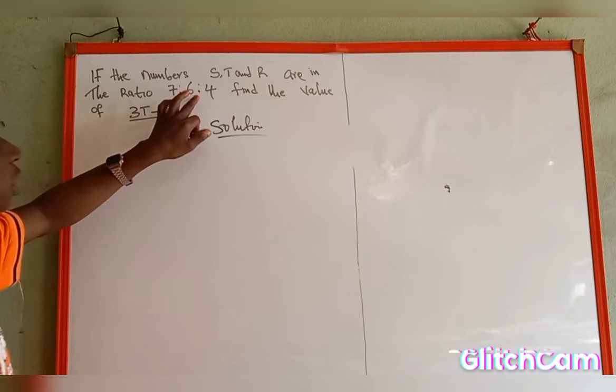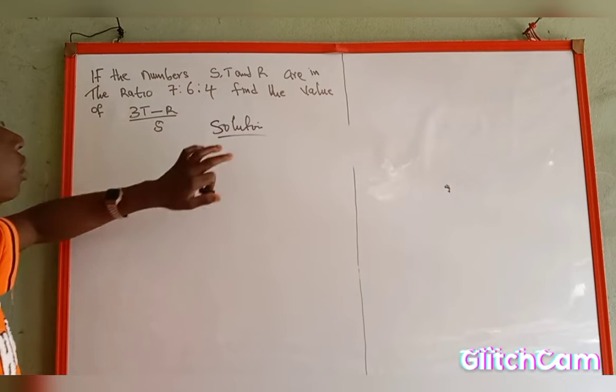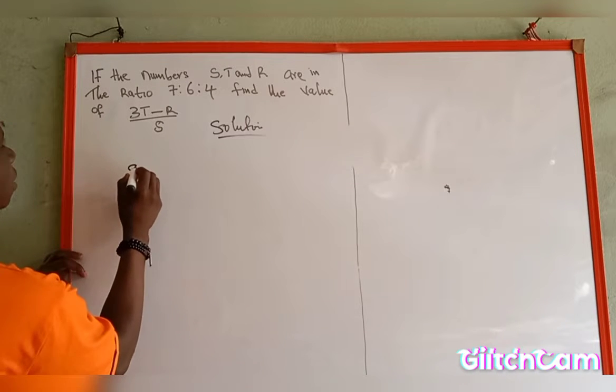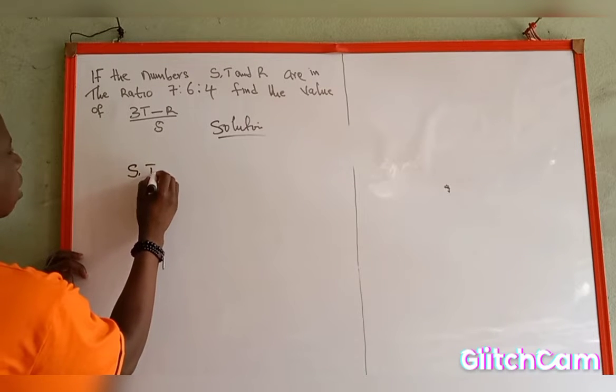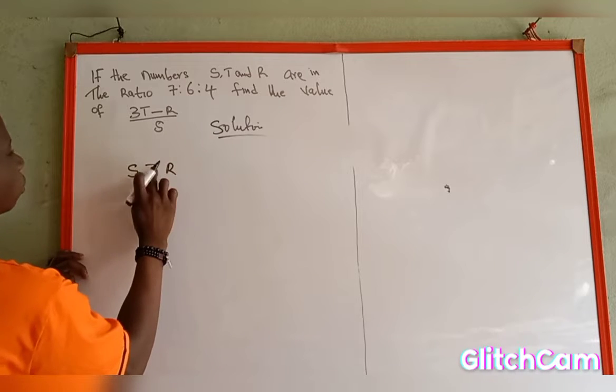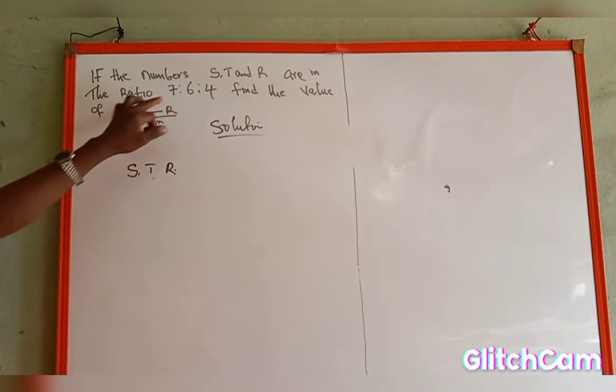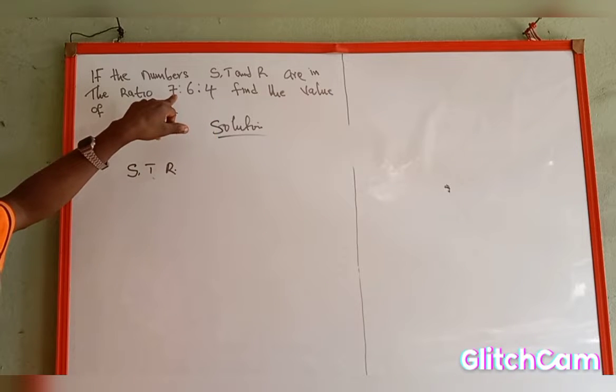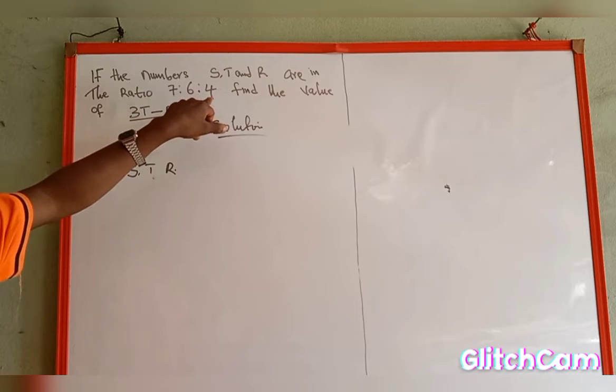7 is to 6 is to 4. So to interpret this question, what we mean is we have S, T, and R, and this S, T, R is in the ratio 7, 6, and 4.